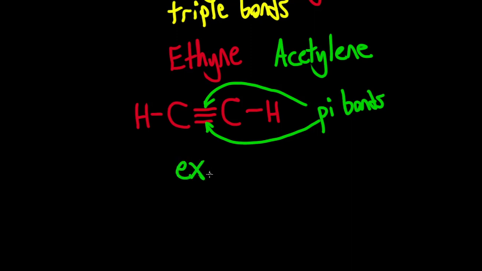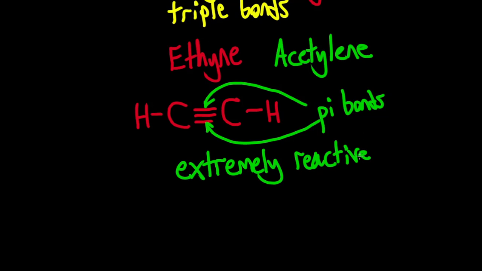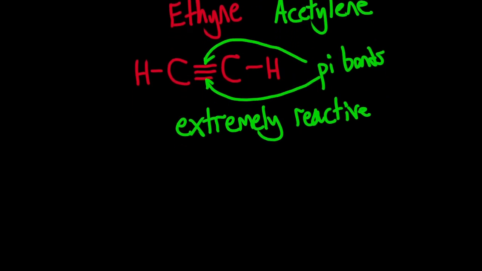So where alkenes were highly reactive, these are going to be extremely reactive, and very unstable. Alright, acetylene, we haven't really talked about flammable range yet, but we will in chapter 7. Flammable range for acetylene is going to be about 3% to 100%.